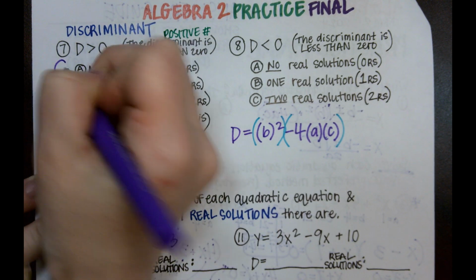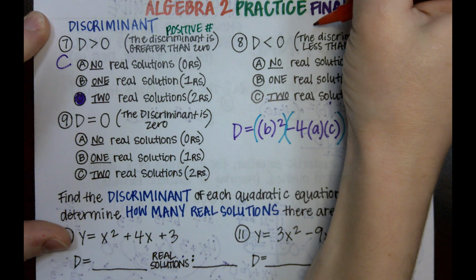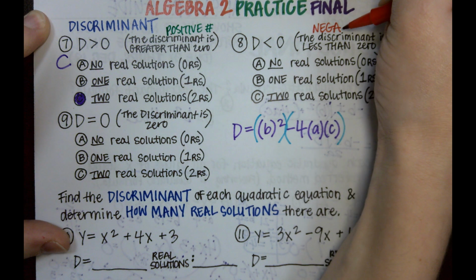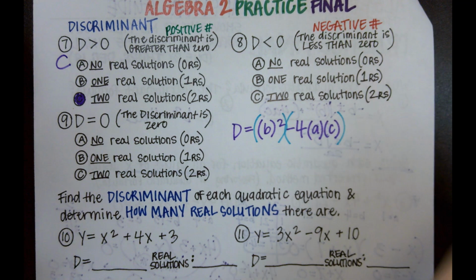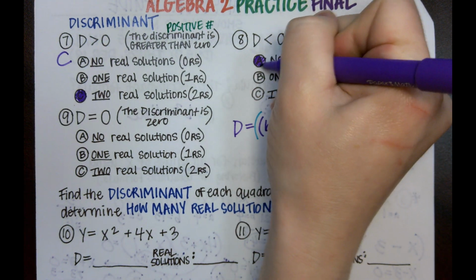That'd be C for number 7. How about number 8? When the discriminant is less than 0, or when it's a negative number? No real solutions. 0 real solutions. So that's going to be option A, no real solutions.